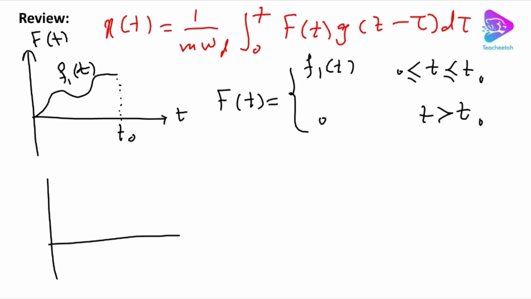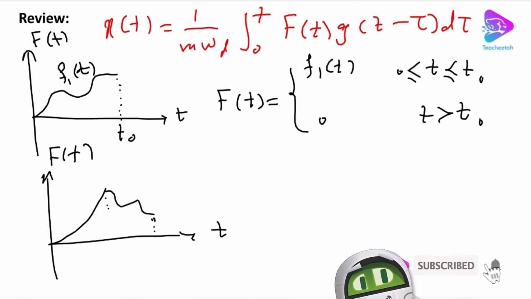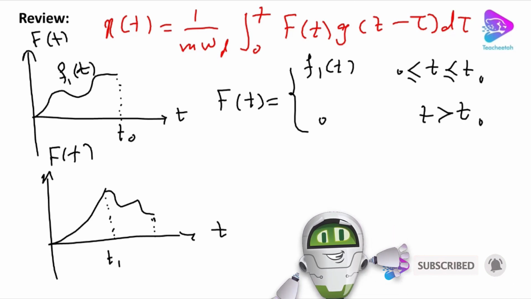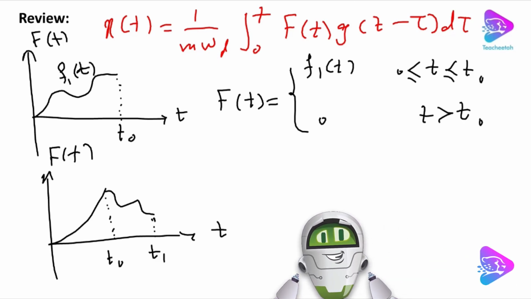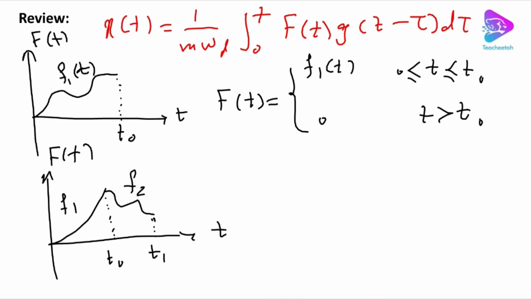And say another example: this is t and this is f(t). Say we have one function here and then another function here, and then the force stops here. So we have t naught and t1. We have f1 here and f2 here.